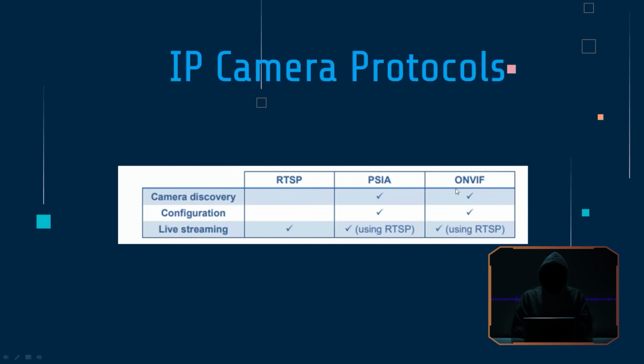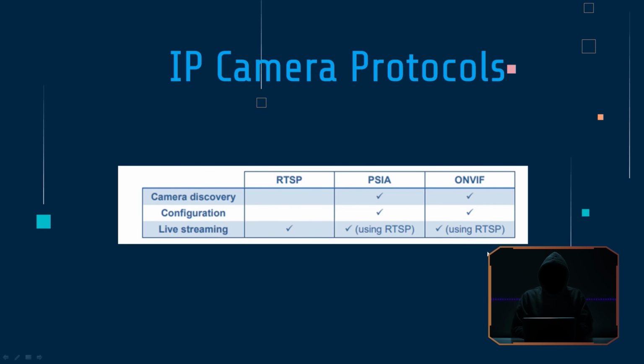So here's the IP camera protocols. Here we can see that RTSP is used for live streaming, and ONVIF is also used for camera discovery and configuration. It uses RTSP for live streaming.